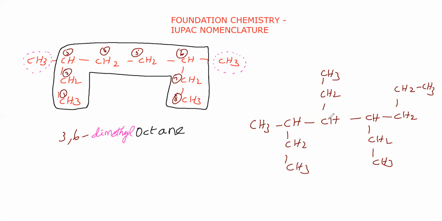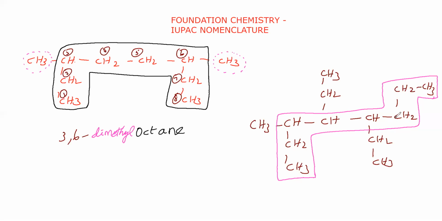We will say, first we have to select the parent chain. Parent chain means what? Longest continuous carbon chain. Let us select the longest continuous carbon chain. Longest continuous carbon chain means that should contain the highest number of carbon atoms. So in this chain, the highest number of carbon atoms are there, or some other chain is having the highest number of carbon atoms? Check and say. Shall we say this is having the highest number of carbon atoms? Okay. How many carbon atoms are there?